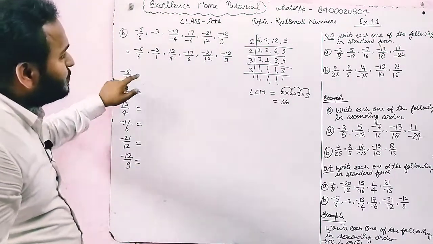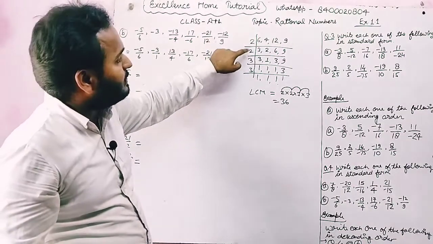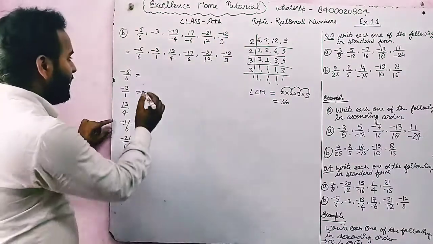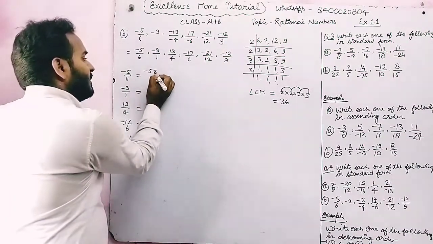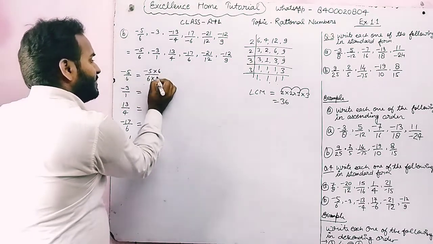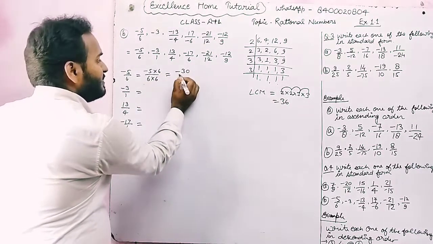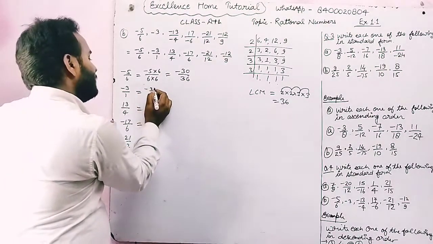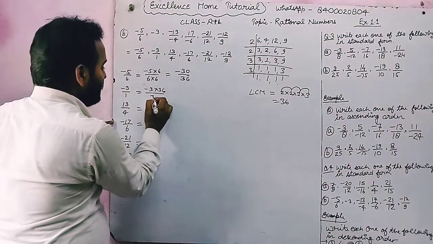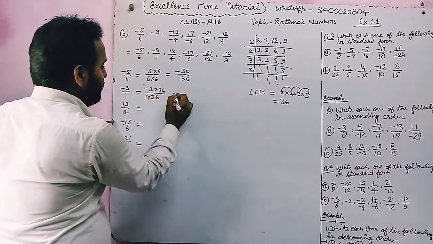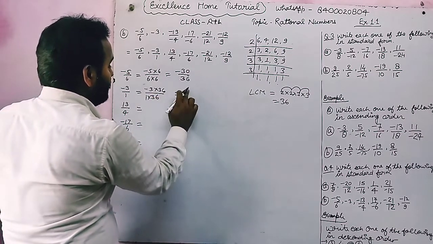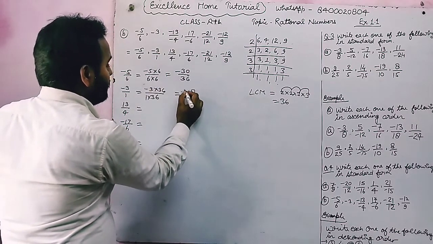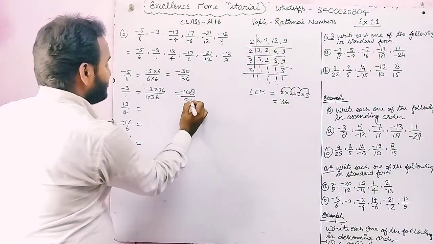So this is 6, so you have to remove 6. The remaining is 6, so we have to multiply both numerator and denominator by 6. That is minus 30 by 36. And this is 1, so we have to multiply by 36, both numerator and denominator, that is 108 and 36.